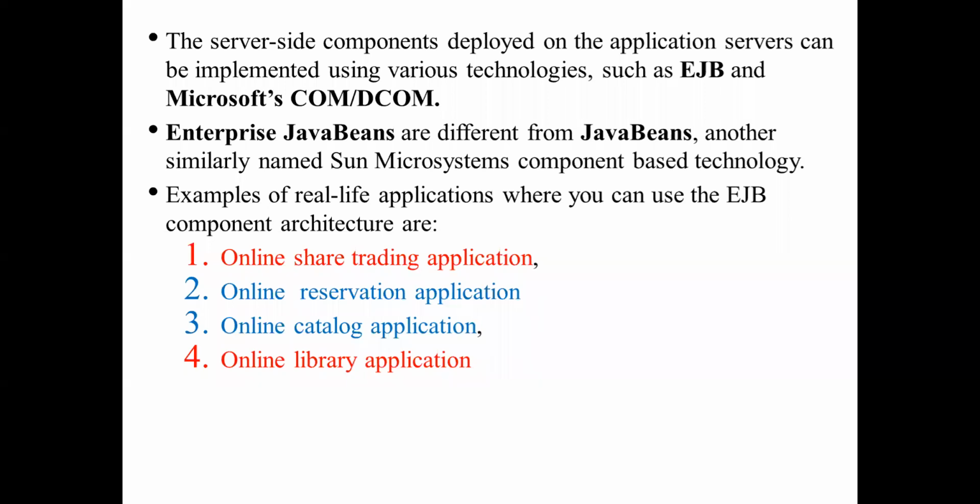The share trade data that the application uses is different every time, with the variables always changing. Also online reservation applications, online catalog applications and online library applications. So these are the best real-life applications of enterprise Java Beans.